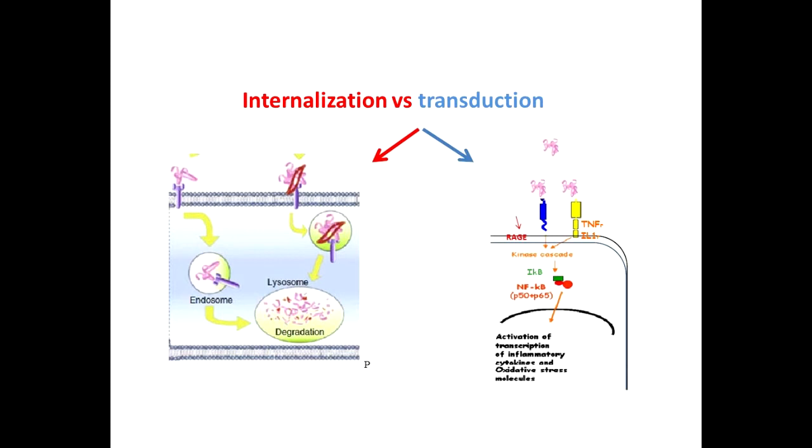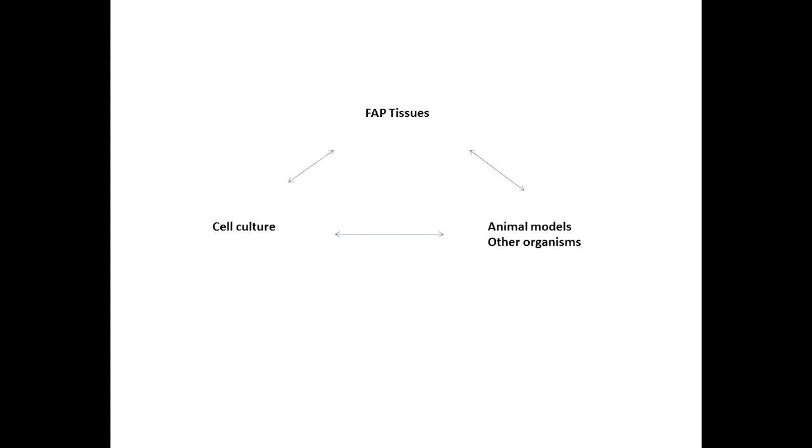And NF-kappa B then can activate products like inflammatory cytokines and oxidative stress molecules. And we have come to several mechanisms. I mean, they are models, okay? We think they work.